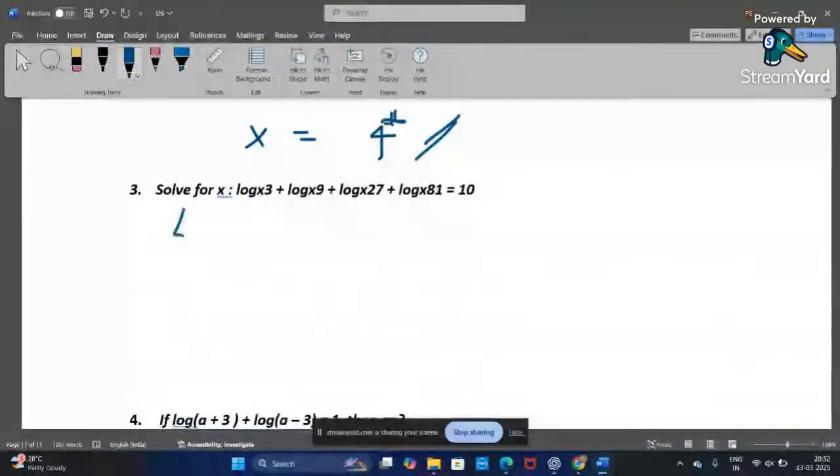First, we can see that log x is the common thing, right? So take this log x outside and write it down with 3 multiplied, because these are in log, don't add a plus symbol, just use multiplication instead of plus.